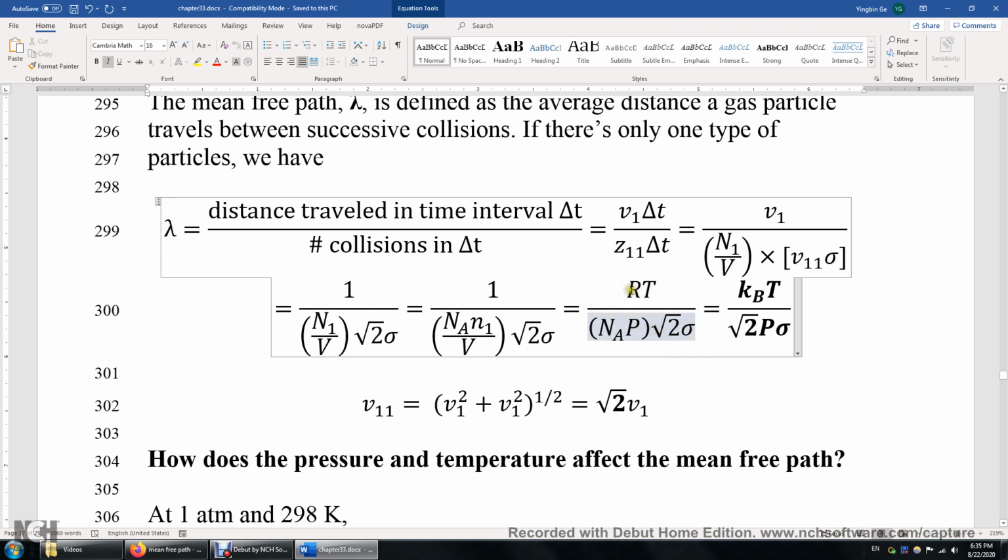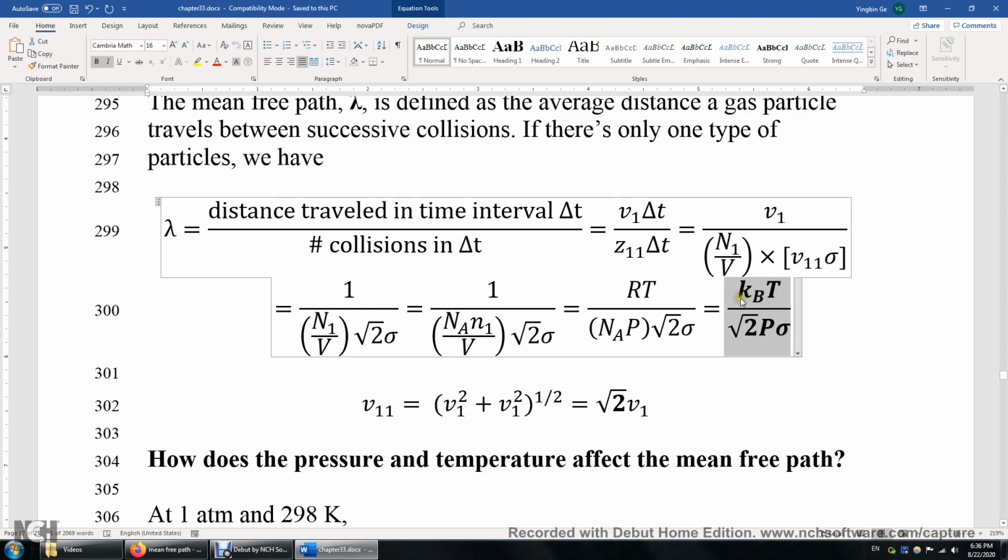And also we realize this R over N sub A is simply the Boltzmann constant. Therefore, this can also be used to calculate the mean free path of a gas particle. Again, this k sub B is the Boltzmann constant.